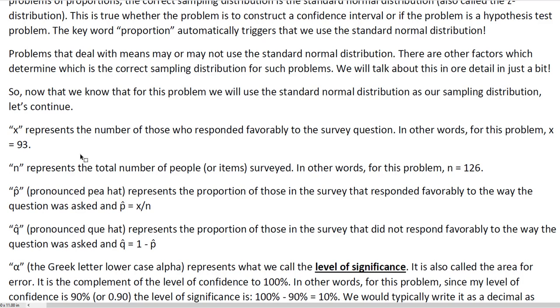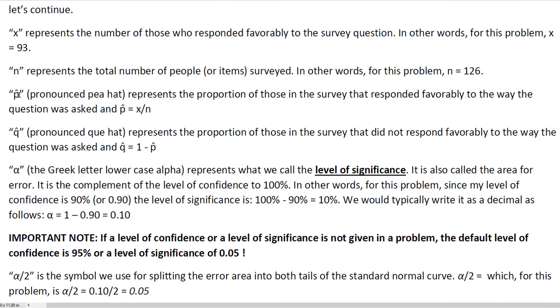n always represents a number of things or a number of people. In this case, n represents the total number of people that were surveyed, which is 126 for this problem. We have this thing p with a little hat over it, and we pronounce that p hat.